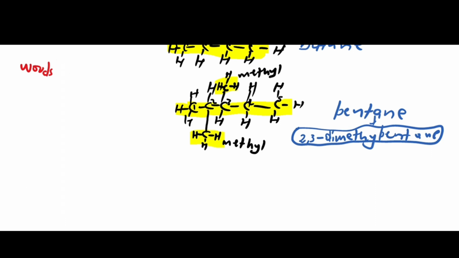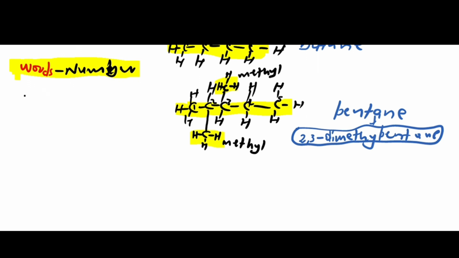But between a number and a word, there must be a dash like this. Can you see that? Between a number and a word, there is a what? A dash. That is a hyphen, okay?